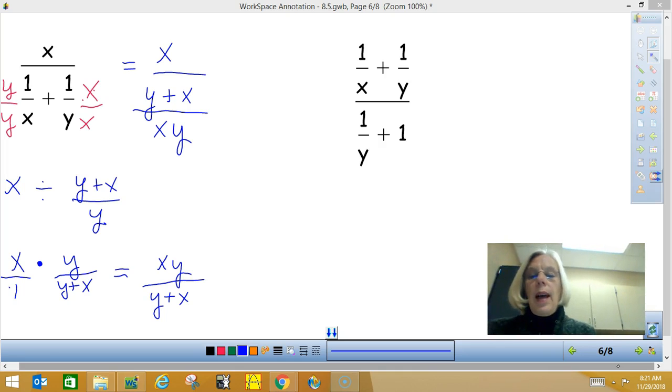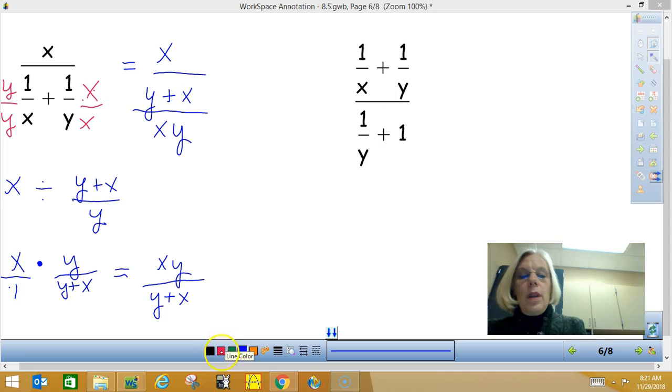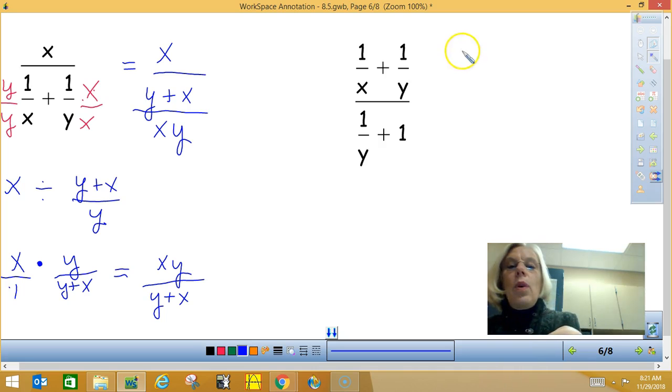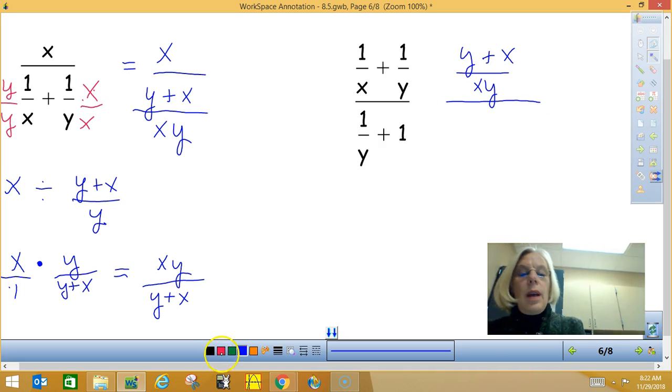The example on the right, we have a fraction in the numerator. From our previous example, I see that that's going to be y plus x over xy when I get a common denominator of xy. Now, I'm looking at this 1 and think about that as 1 over 1. And we need a common denominator of y.